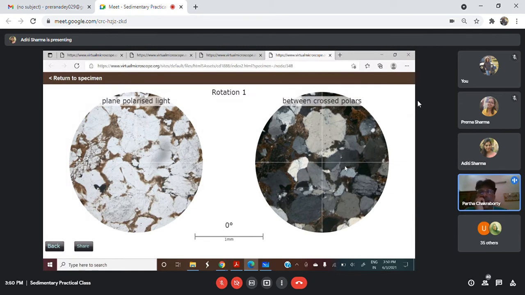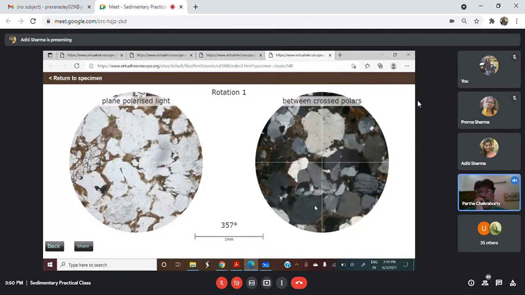So the rock is clast supported. Where the arrow is showing, you can see two grains in a concavo-convex relationship, and that shows there is some kind of pressure welding.